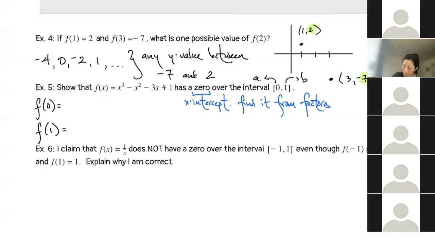So if we change it, yes, we get 1 here and -2 over there. Okay. So we found our f of a and our f of b.